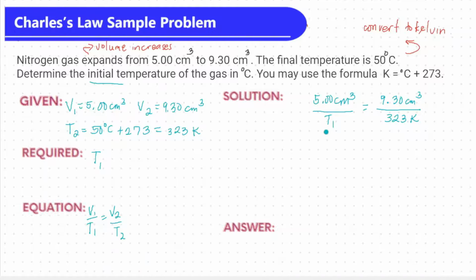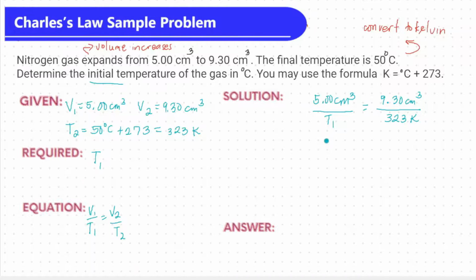Si T1 ay nasa ilalim. Pwede natin gawin yung ginawa natin kanina sa previous problem, pero merong shortcut para umibabaw siya. Tandaan lang natin, since there is an equality sign, then what you do on the left, you also do on the right. So, if we flip the left side, we need to also flip the right side to make the equation correct.